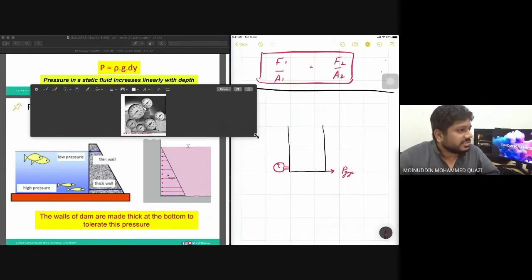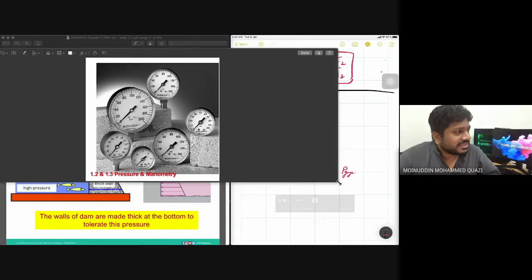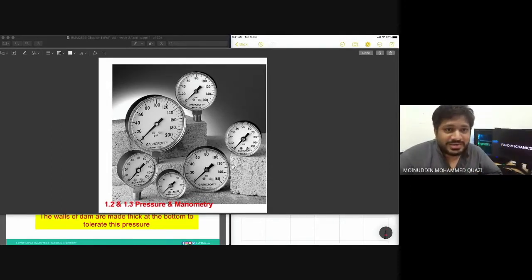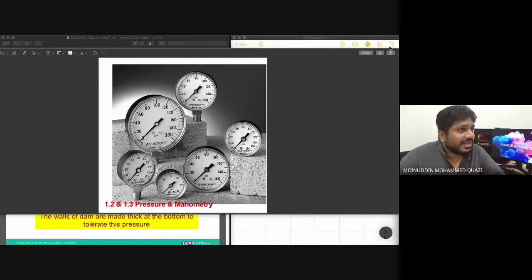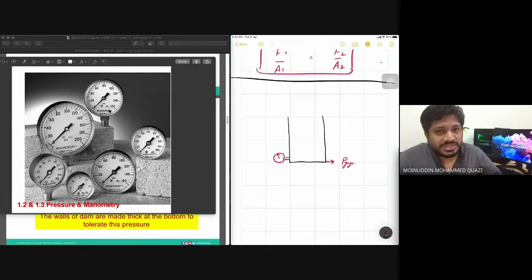You see all of these gauges, okay? These gauges are in an atmosphere, right? All of these gauges are in atmospheric pressure. They are in a normal environment, but the reading is zero, right? The reading is zero. So it means that all the gauges are designed to show gauge pressure, and we know that gauge pressure does not have an atmospheric component.